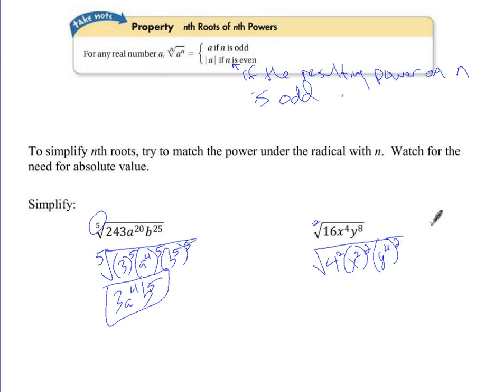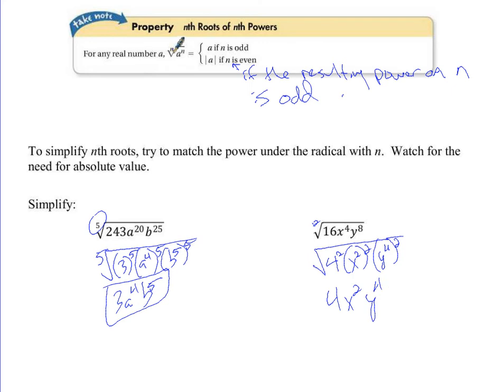Now I can take the square root of all these things that are being squared. What is the square root of 4 squared? 4. What is the square root of x squared squared? And what is the square root of y to the 4th squared? Y to the 4th. Okay, so now let's take a look at this rule.